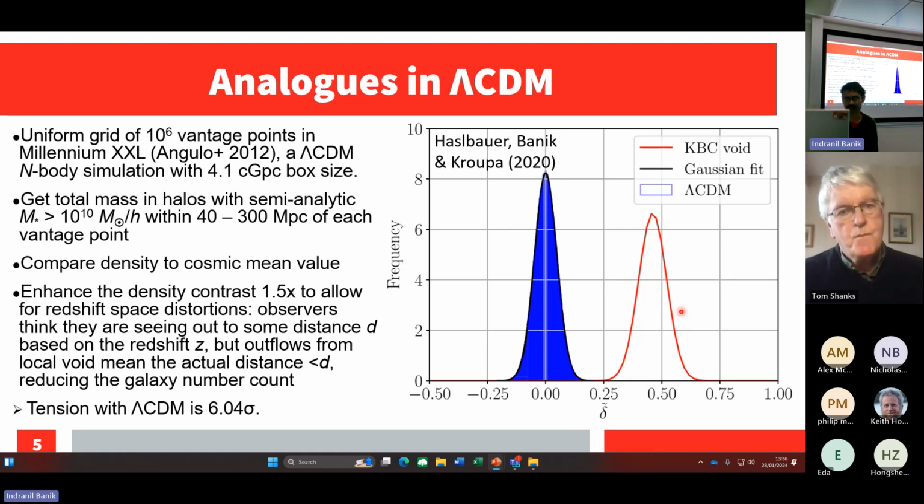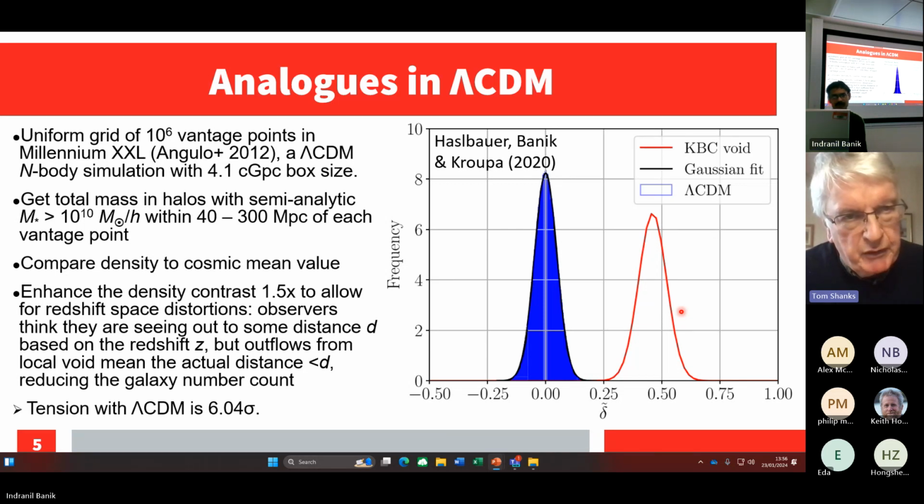For example, we did a detailed study on the El Gordo galaxy cluster collision at redshift 1, and the mass and the collision velocity are so high, and the redshift is so high, that it is not consistent with ΛCDM. And recently there was also a study which found a giant ring of galaxies on a 400 megaparsec radius or something. The El Gordo one I take seriously. I'm afraid I don't take the other one seriously.